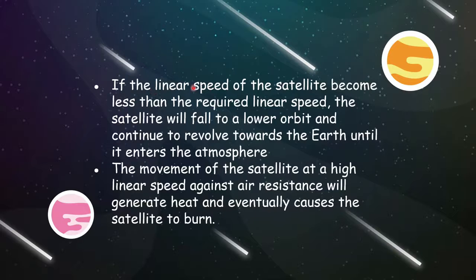If the linear speed of the satellite becomes less than the required linear speed, the satellite will fall to a lower orbit and continue to revolve towards the Earth until it enters the atmosphere.